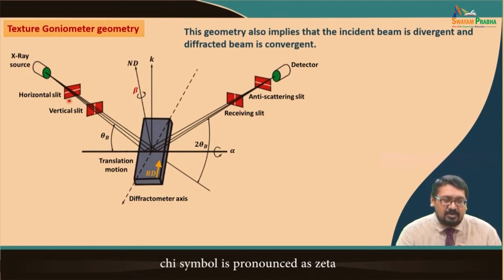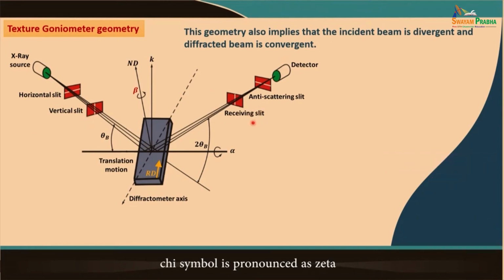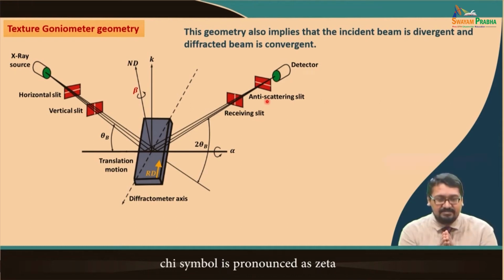You see horizontal slits and vertical slits, and then you see receiving slits and anti-scattering slits used in front of the detector. The sample is kept in such a way that the RD is kept vertical, the TD is kept so that the alpha could be rotated along TD, and the ND is the axis along which the beta is rotated.